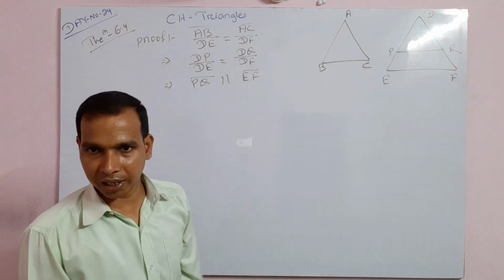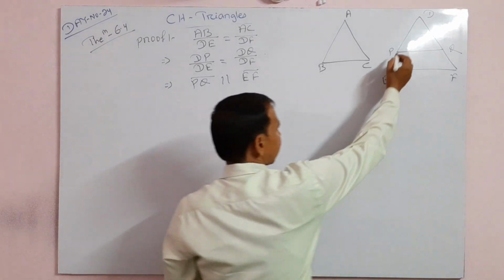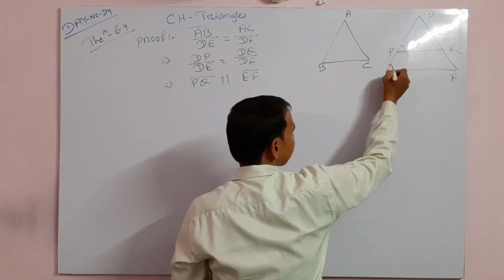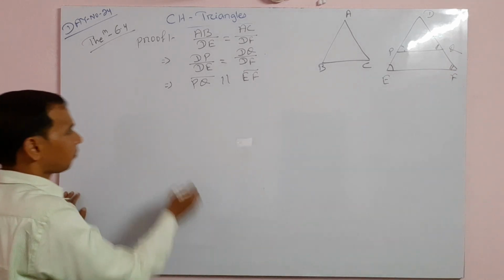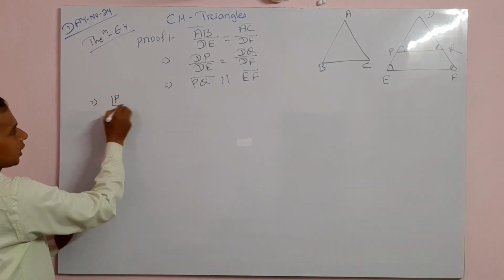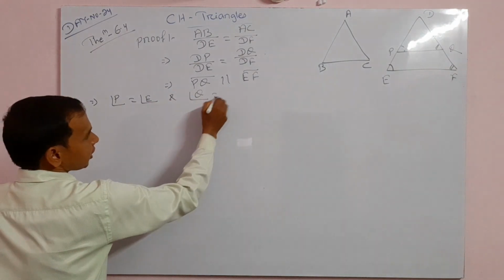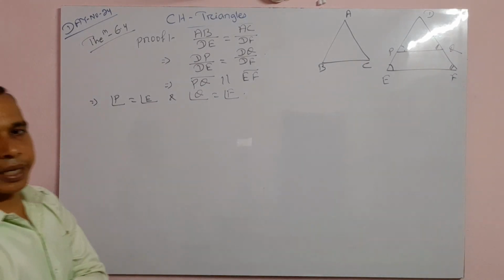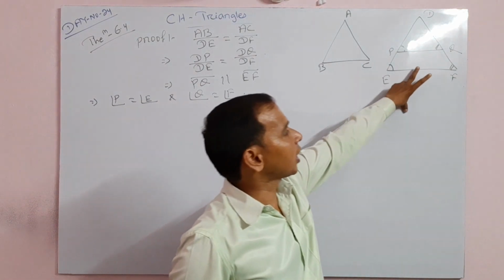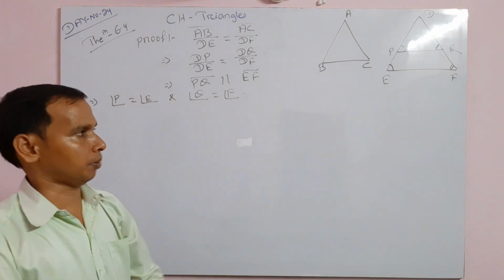As PQ is parallel to EF, their corresponding angles are equal. That means angle P is equal to angle E, and angle Q is equal to angle F. Confirm this first.